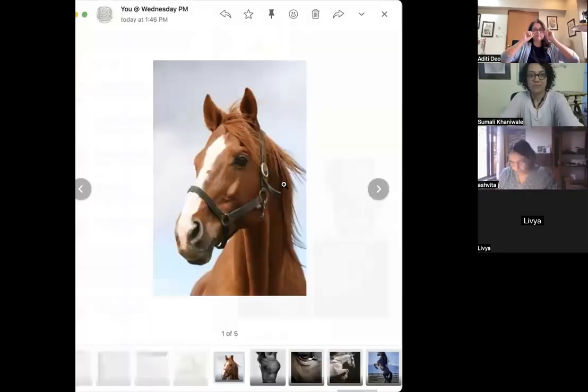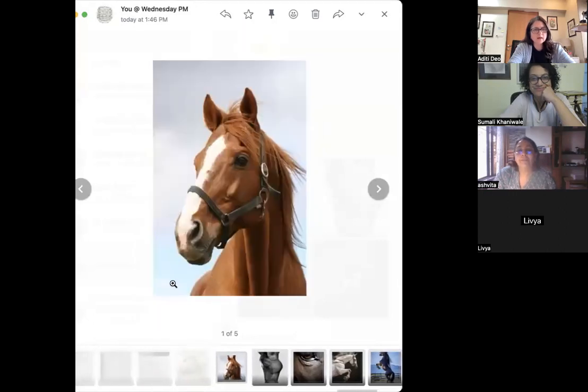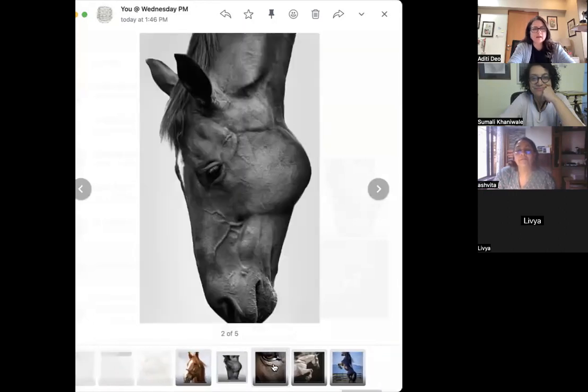All right. So here we have a regular horse with its, I think this is called a bridle. This is a beautiful portrait, but the person who shared this image has cut the tip of the nose, and I really hate it. So we are going to take some information from this horse's nose, and we're going to try and finish it.